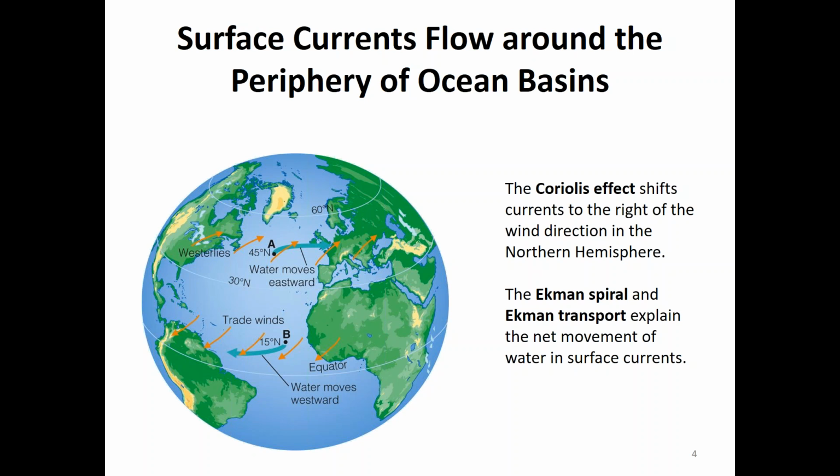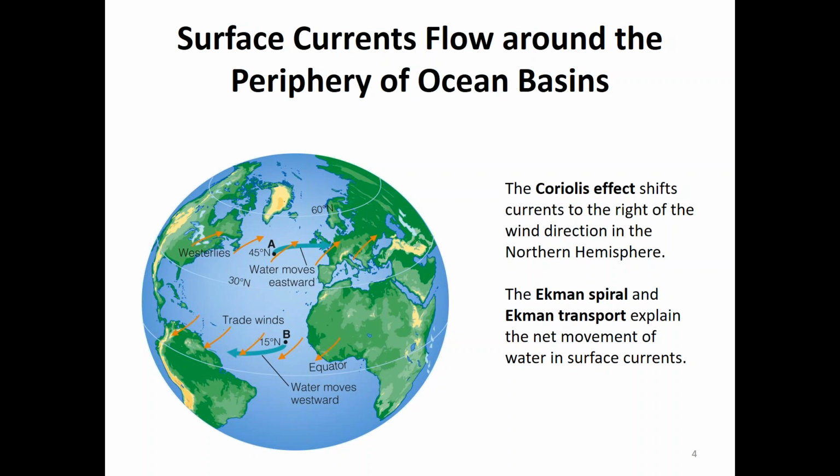It's because the Earth is rotating, which generates this reference frame effect where the observed path of moving objects that aren't fixed to the rotating Earth appear to deflect to the right in the northern hemisphere and to the left in the southern hemisphere. So the wind begins to blow, driving water in one direction, and then that water's path will be deflected. It will divert to the right in the northern hemisphere and to the left in the southern hemisphere.